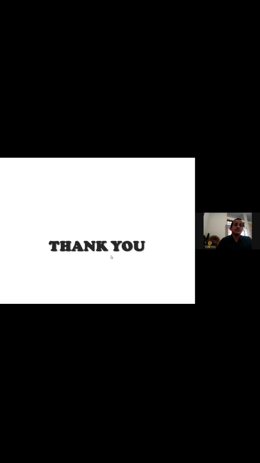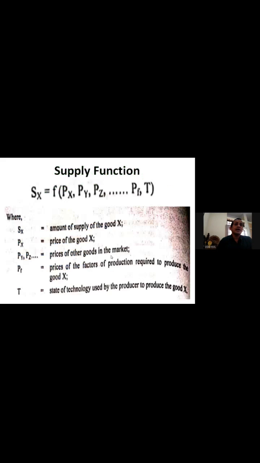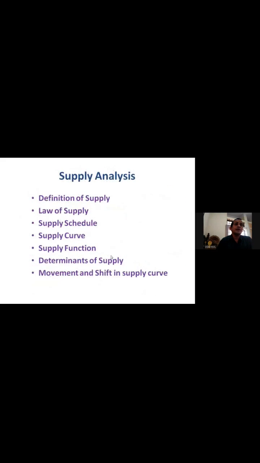In today's session we will not discuss more, but again I will go through the summary of the session. In today's session, we have discussed the concept of supply, law of supply, supply schedule, supply curve, supply function, determinants of supply, then movement and shift in the supply curve.